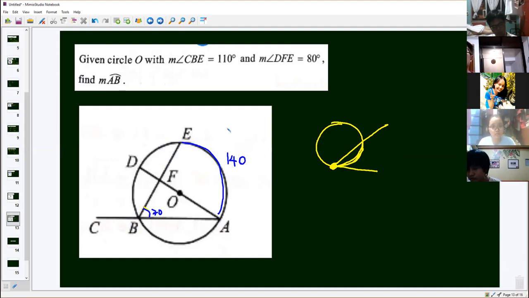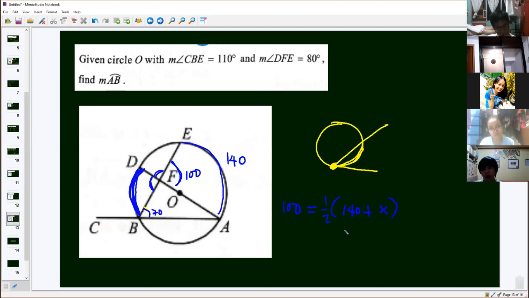And kung 140 yan, then we have DFE is 80. DFE is 80. We know this angle, which is 100. Then we can get this angle. I don't know if this is what you're doing, pero ako kung ano yung nakita ko. Now, you know yung angle made by two chords, yung 100 na yan, equals 1/2 the sum of the arcs. 140 plus yung arc na to, na si DB, which is what?